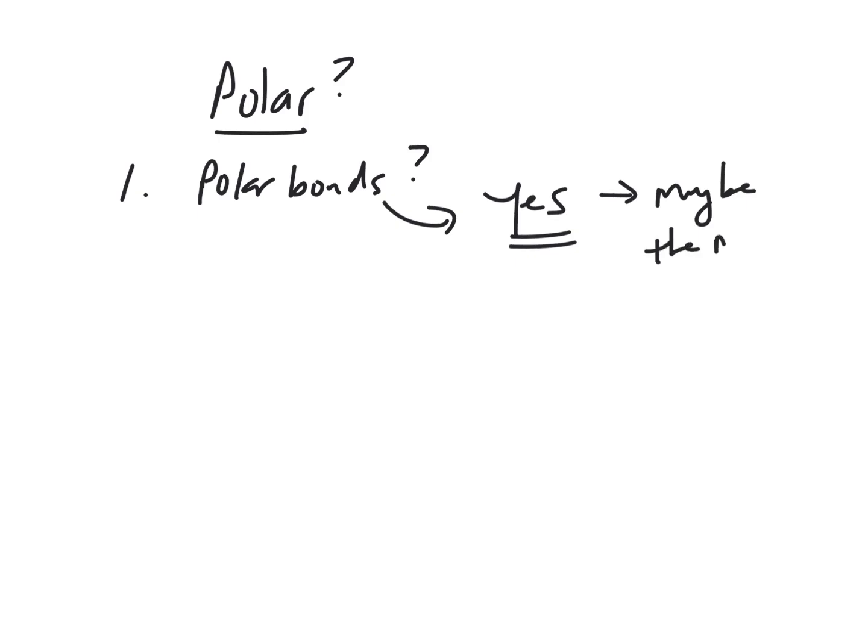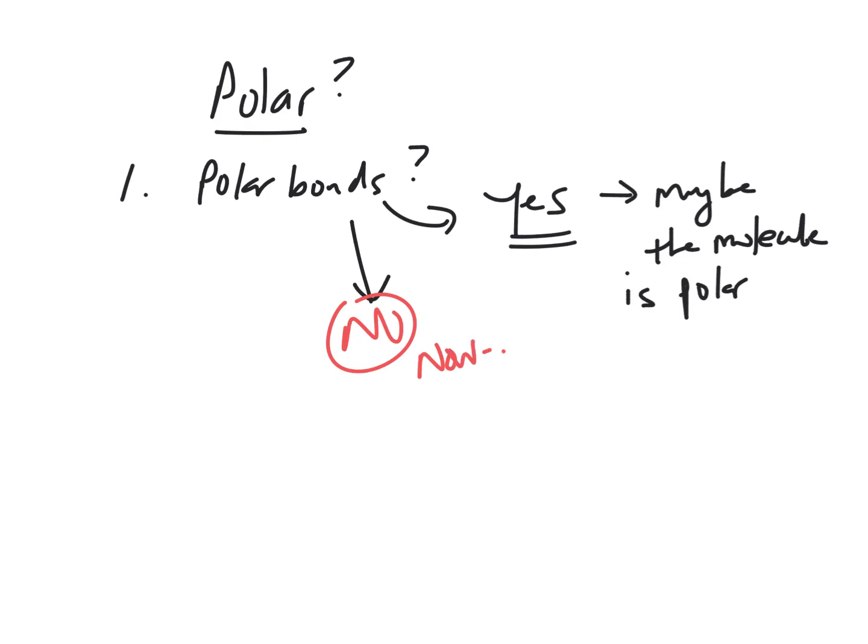A polar molecule has to have polar bonds. If the answer to this question is no, then you just stop. It's non-polar. It has to have polar bonds if it's going to be a polar molecule.